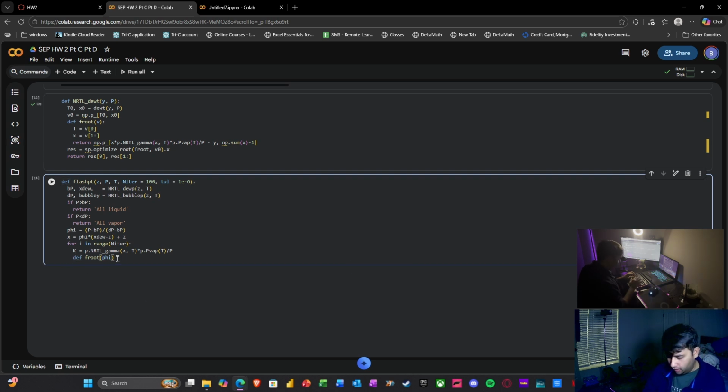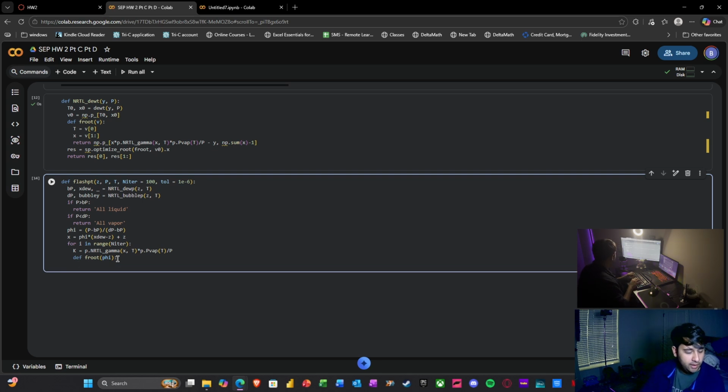I might have to double check on that one, but we're going to make our define f root, which can return with jnp.sum, and this is where our Rachford-Rice equation comes in, from, I believe, part A or B. Then we're going to have our 1 plus phi times k minus phi.